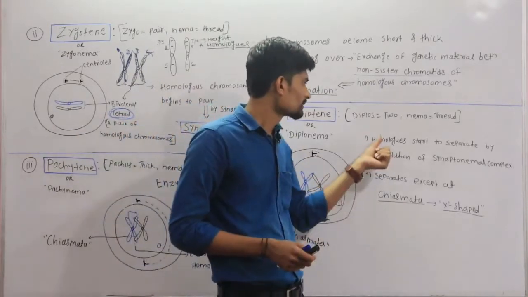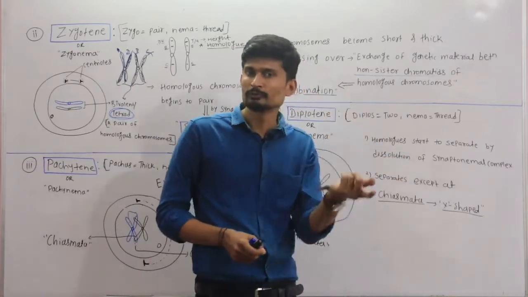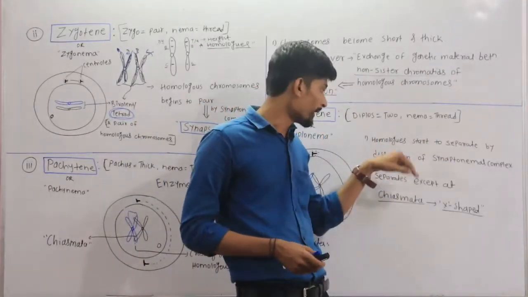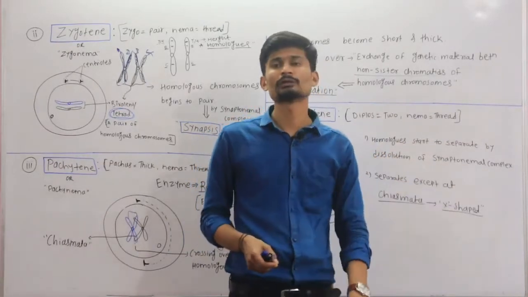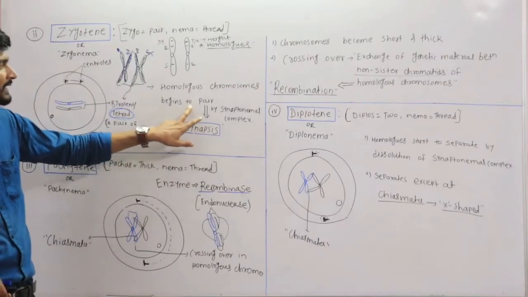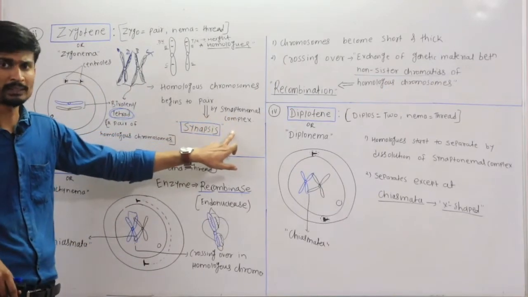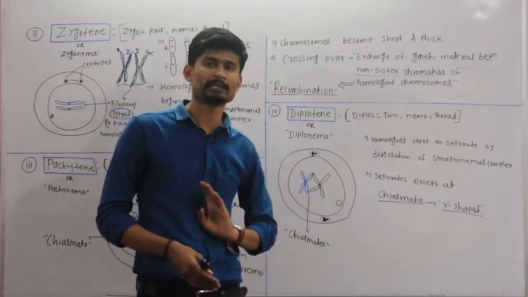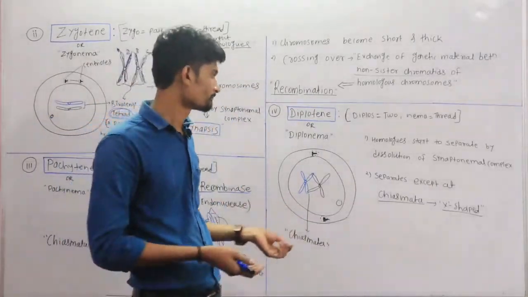So what happens? Homologous chromosomes start to separate by dissolution of the synaptonemal complex, because this synapsis or pairing is done by the synaptonemal complex, so their separation will also be by dissolution of the synaptonemal complex.